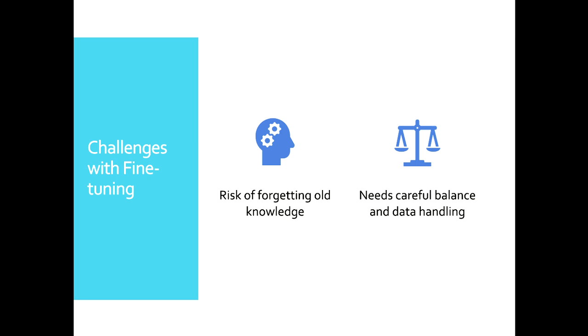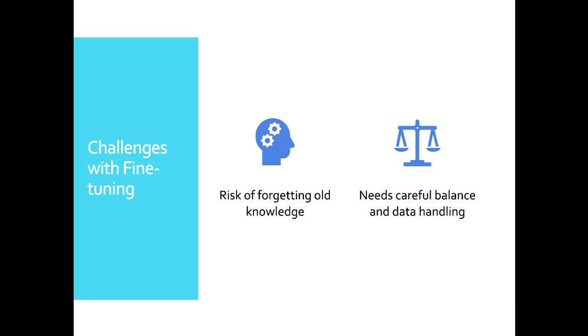So now let's look into challenges with fine tuning. There is a risk of forgetting old knowledge, and it needs careful balance and data handling. Fine tuning is powerful, but it's not perfect.